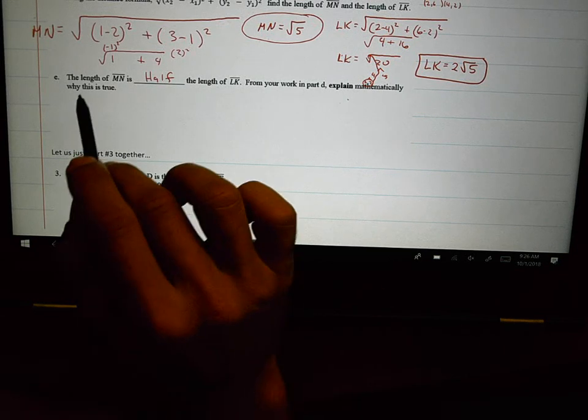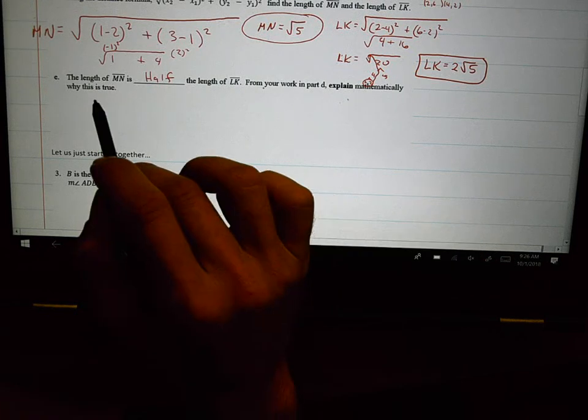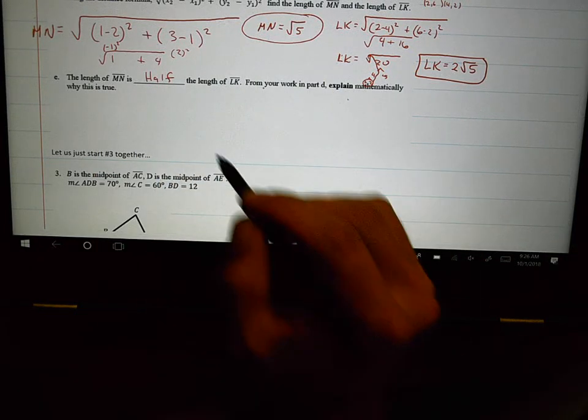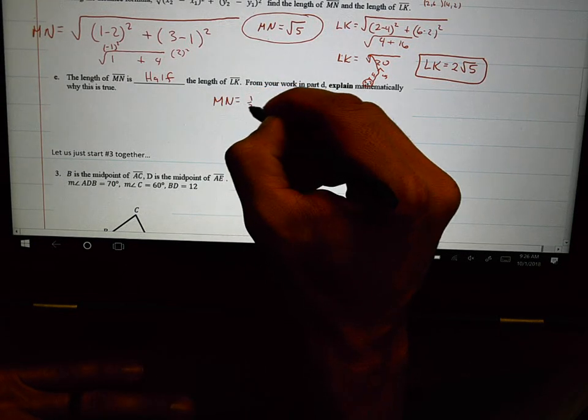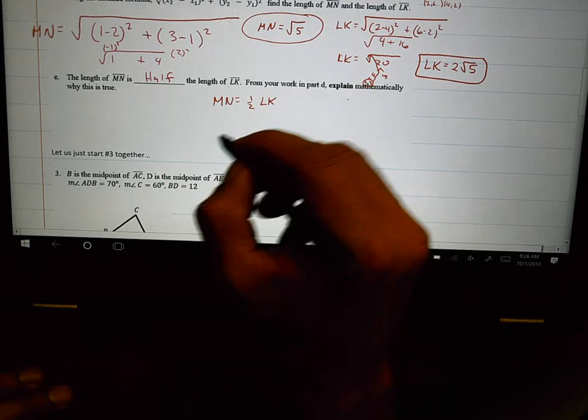The length of MN is half the length of LK. Explain mathematically why this is true. So how do I prove that it is half? I can go MN equals 1/2 of LK. Watch. MN is root 5.